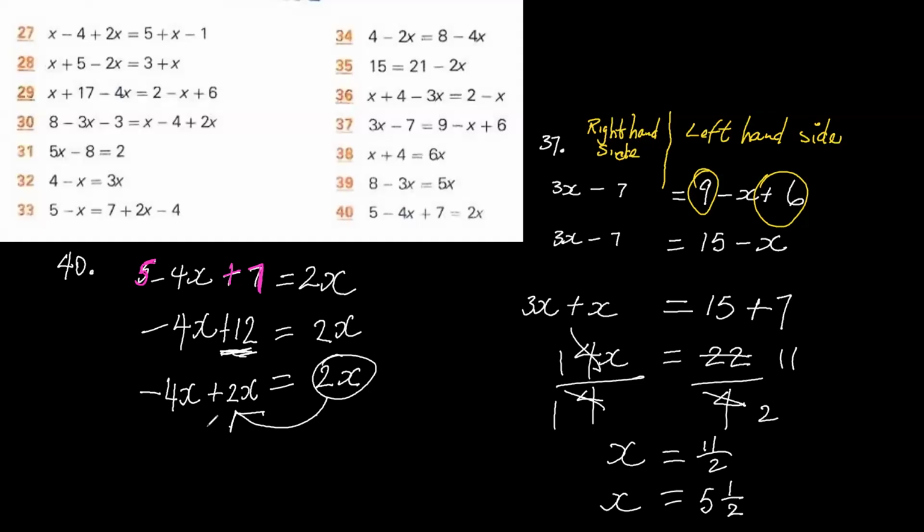All right, listen up carefully. This 2x on the left-hand side is the 2x that was on the right-hand side. So this is the right, R-I-G-H-T, and this is the left.